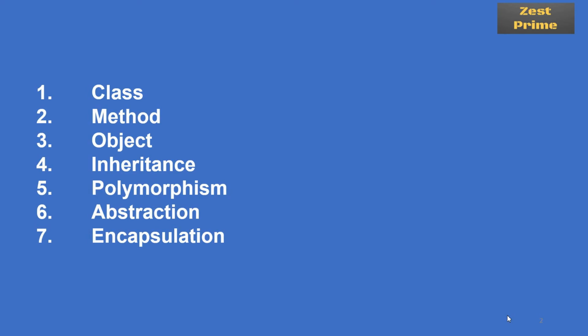These are the 7 OOPS principles we have to understand and apply when writing a program. Then you will become a better, strong programmer. That is the major advantage of OOPS and the different types of OOPS principles we listed here. In the next videos, we are going to see each and every OOPS principle in detail.